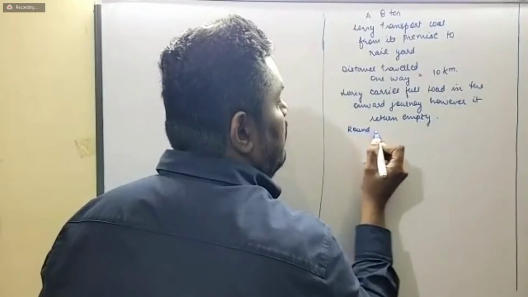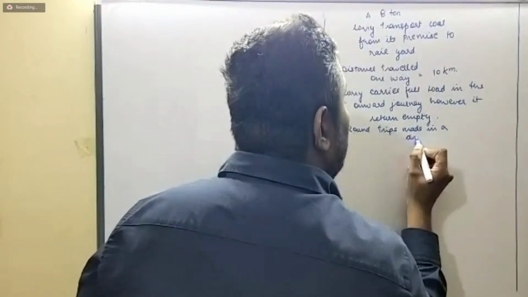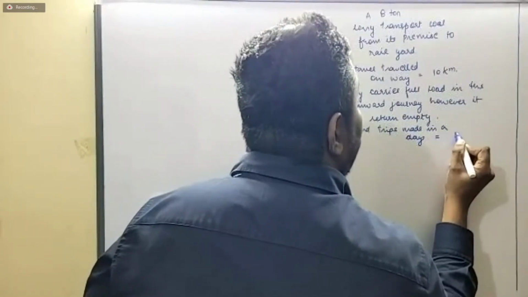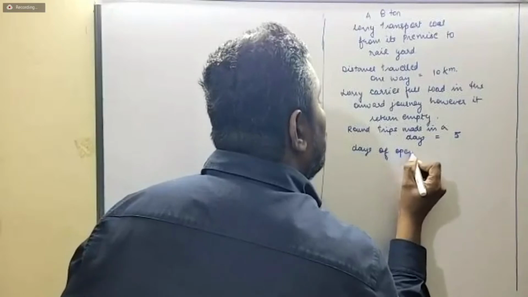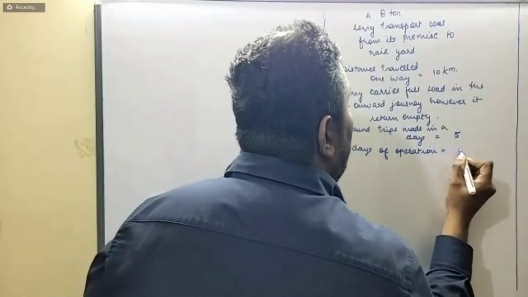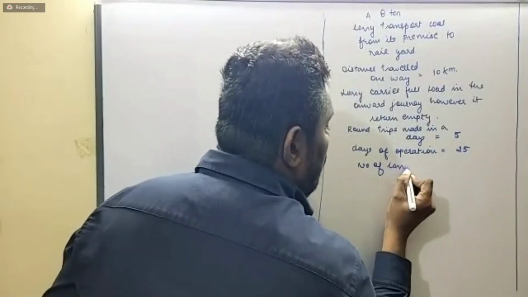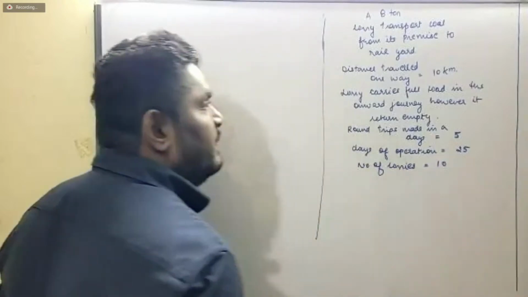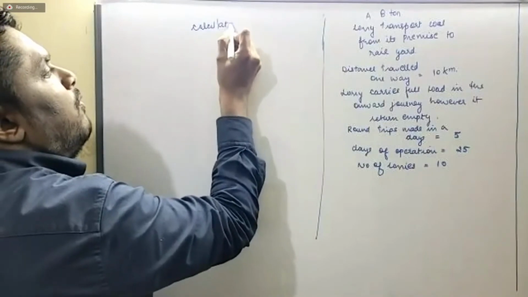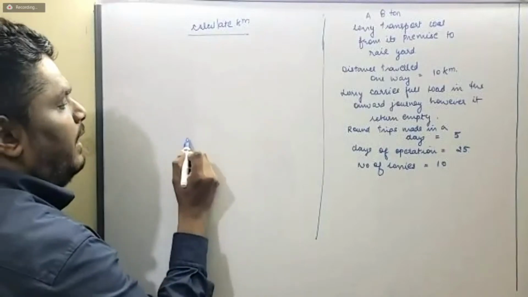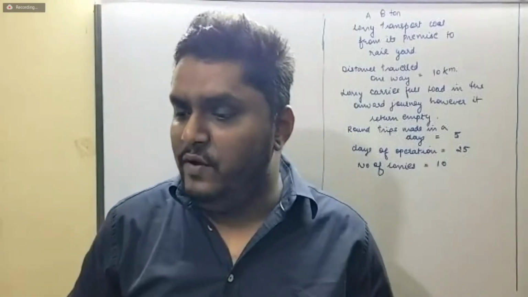Round trips made in a day, 5. Days of operation, 25, and number of lorries, let's say 10. Calculate kilometers and ton kilometers. So waiting for your answers, guys.